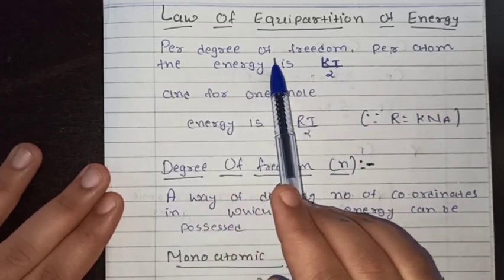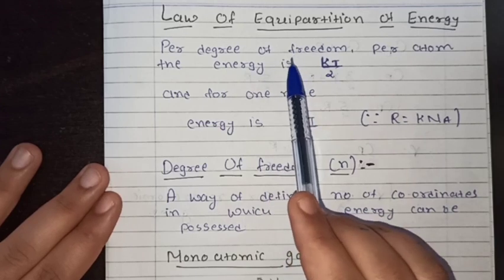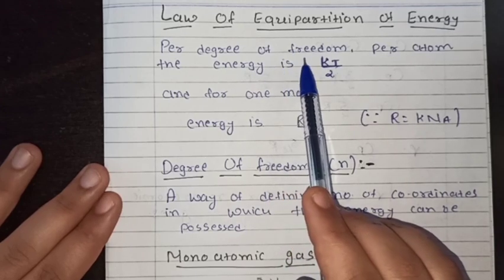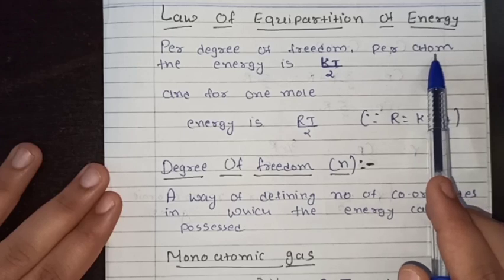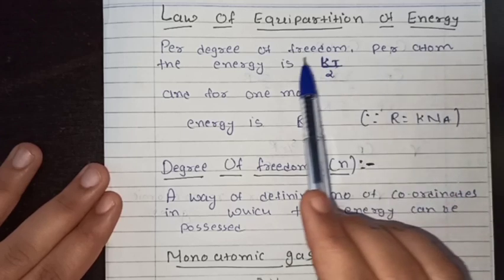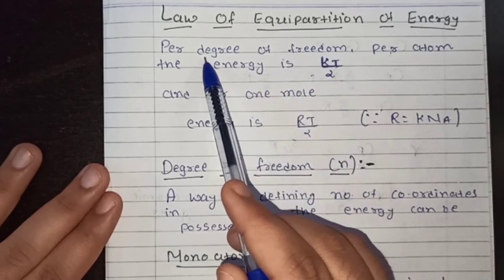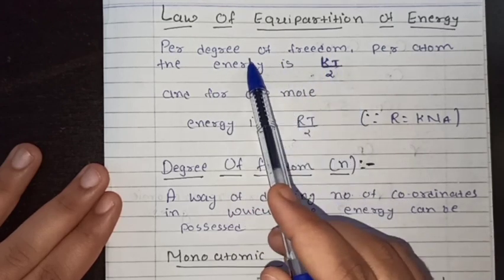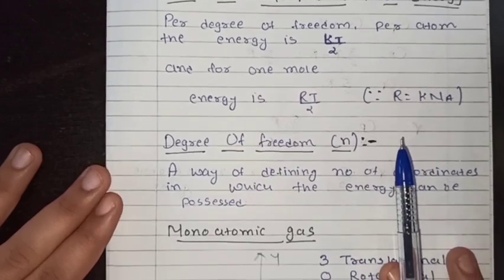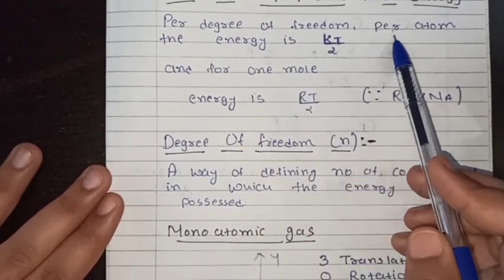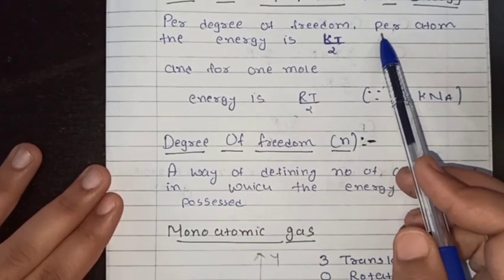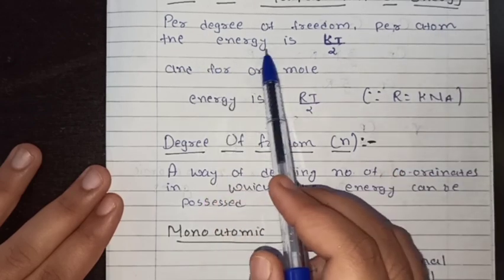Per degree of freedom, that means for 1 degree of freedom, and per atom, that means for 1 atom, the energy is kT by 2. Here the new term for us is degree of freedom. But first we will understand the formula for energy per atom.